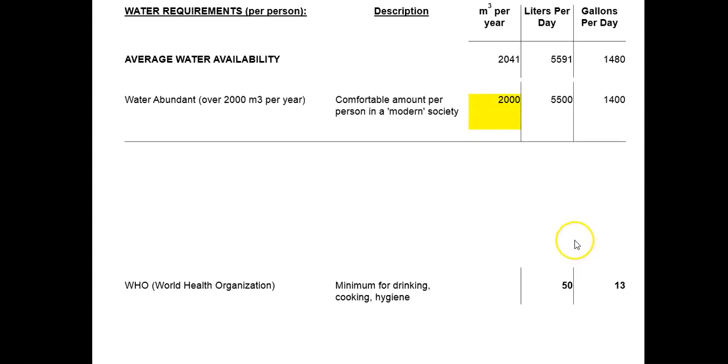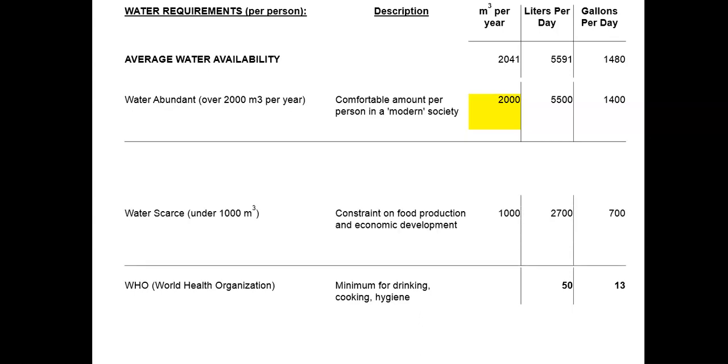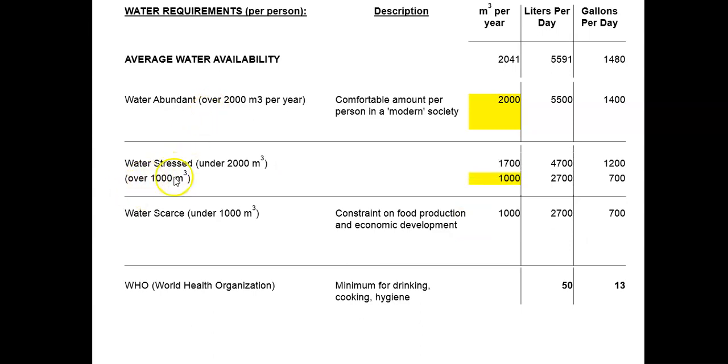Now, if you read the book and talk about when areas are water abundant versus water scarce versus something in between, which is often termed water stressed, the discussion suggests that to be water abundant, to have enough water per person to be able to comfortably support a modern society, we need about 1,400 gallons of water available or allocated effectively per person.